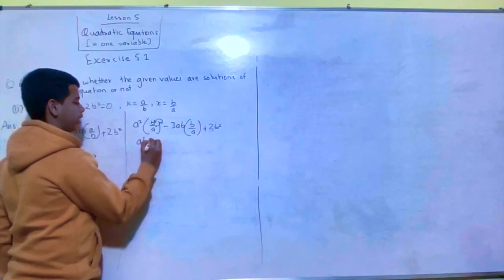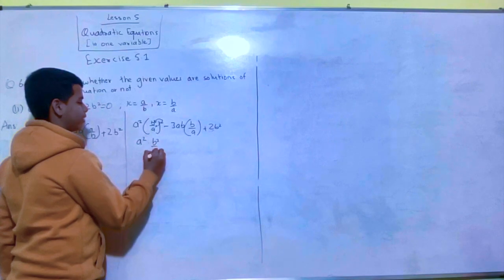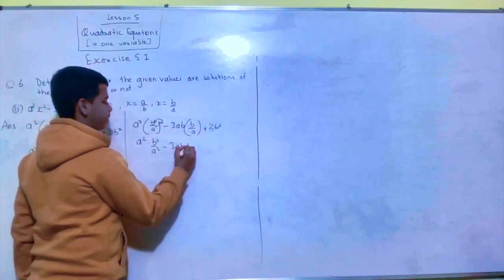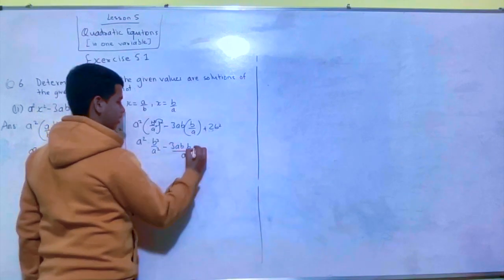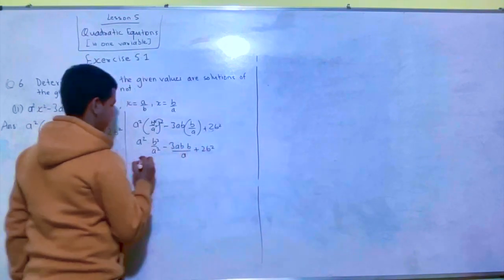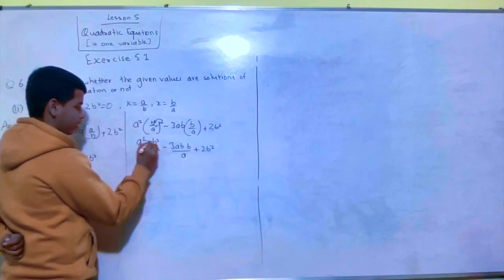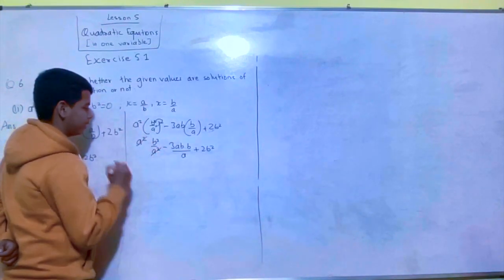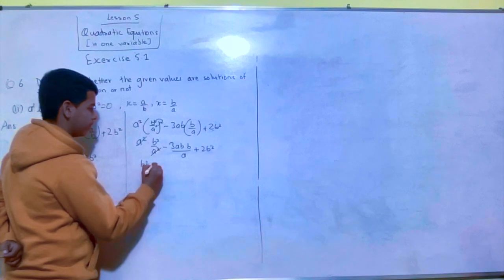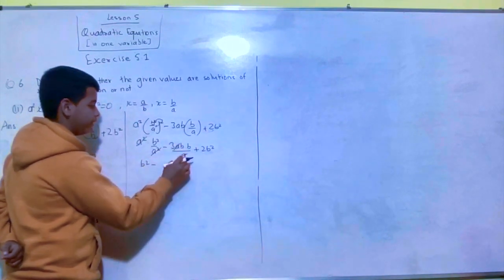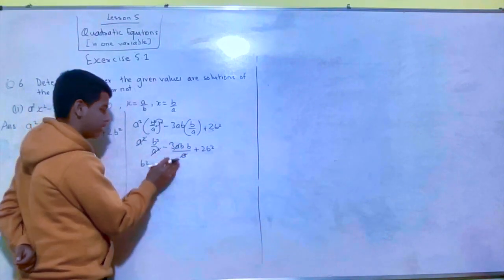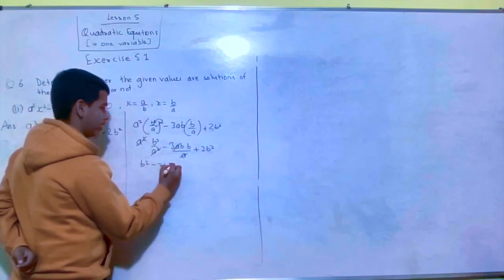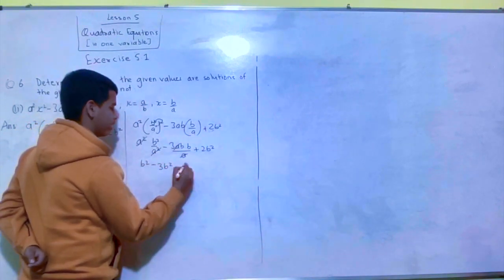So a square times b square by a square minus 3ab times b by a plus 2b square. Just see carefully, we can cancel this and this. We get b square minus, and we can cancel a from the numerator and from the denominator. So here we get b square minus 3b square plus 2b square.